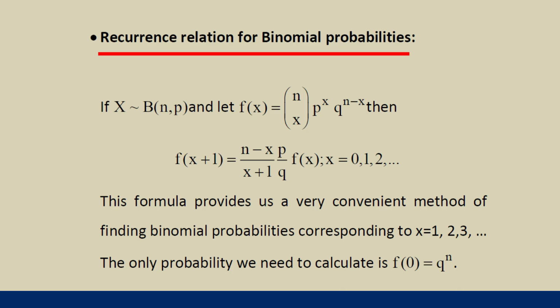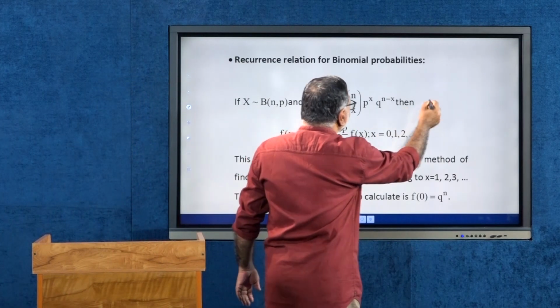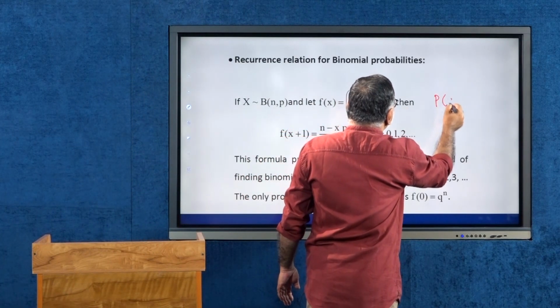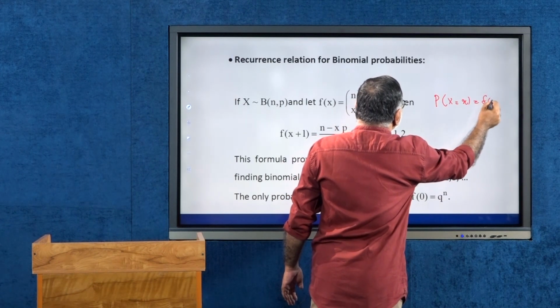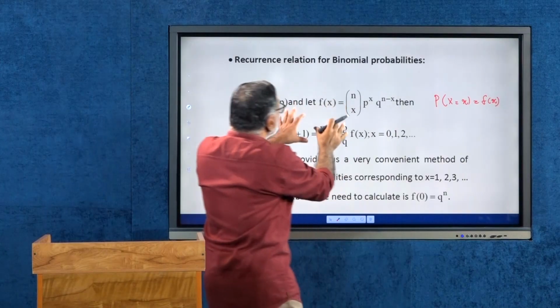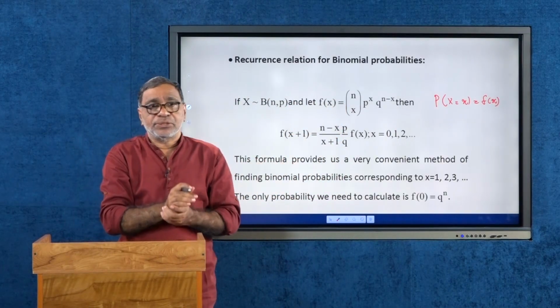Recurrence relation for binomial probabilities. Suppose x is a binomial random variable, f of x is our probability mass function, that is probability of X equal to x. So, f of x is nCx p power x q power n minus x.